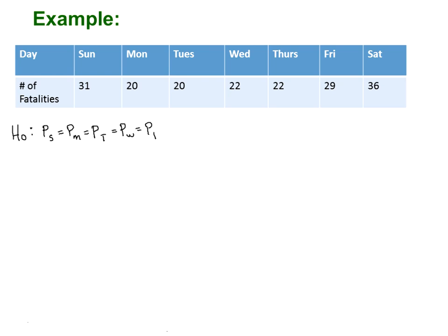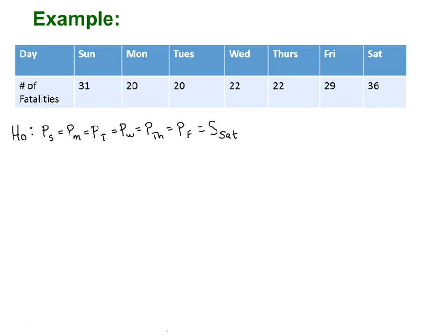Sunday, Monday, Tuesday, Wednesday. Then we have Thursday, Friday, and then Saturday. So that is what we write in the null hypothesis.